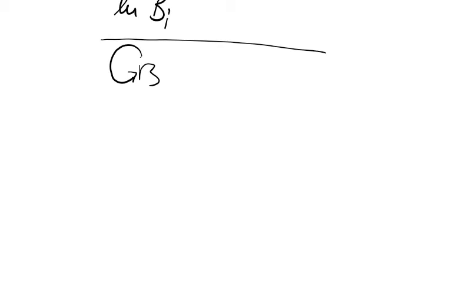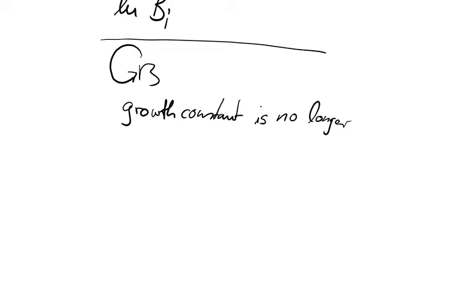Actually, our growth rate or our growth constant is actually no longer a constant. The growth constant depends on the number of rabbits.